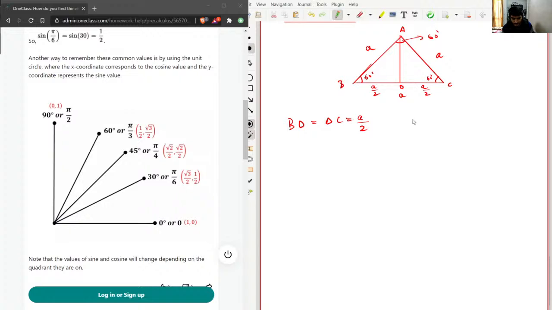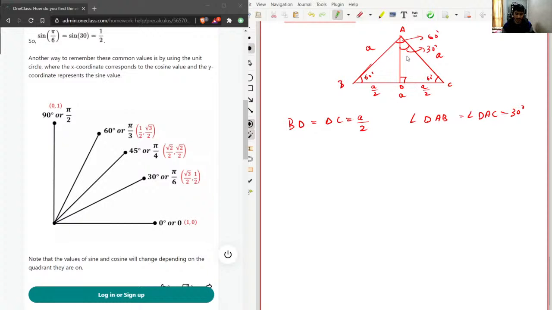And it will also bisect this angle. So angle DAB will be equal to angle DAC, which is 30 degrees. So this angle will be 30 degrees, and obviously this is a perpendicular, so this will be 90 degrees. Now we have a right angle triangle, and we know the side.